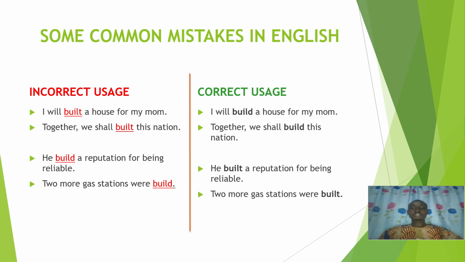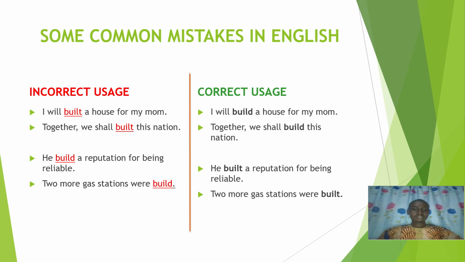Together we shall build this nation. In our third sentence, he built a reputation for being reliable. So in this case, we are using built and not build. He built a reputation for being reliable.